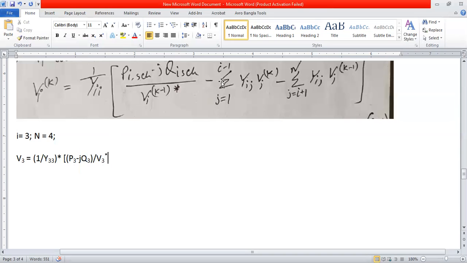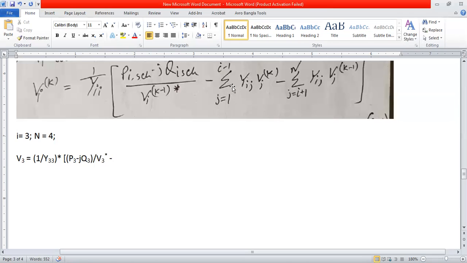Now once again minus, the summation for j equal to 1 up to i minus 1. Here the value of i is 3, so j should be 1, then j should be 2, and j is not equal to 3, because j goes up to i minus 1. So there should be two terms, one for j equal to 1 and another for j equal to 2.